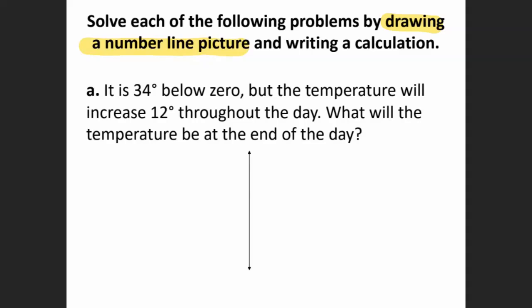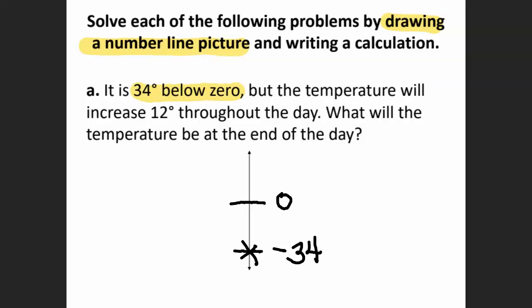Now, in this case, you have to remember that temperature is always read in a number line that goes up and down. Now, reading the symbols, it is 34 degrees below 0. Now, on our number line, that means that down here is where negative 34 is. That's where we're at.